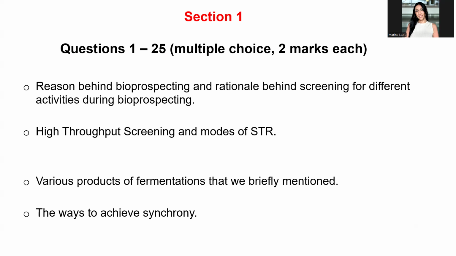Then we talked about various products of fermentations, and we briefly mentioned some of them, even though we will cover some of them later on during the biofuel sections. Know some basic examples. The hint is lactase enzyme, and know those modes to achieve synchrony.